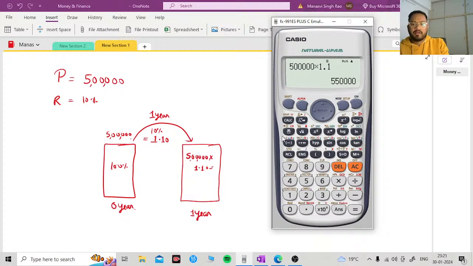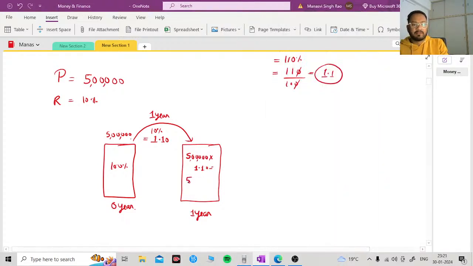So he needs to pay 5,50,000 after 1 year. So he needs to pay the bank 5,50,000, right? This is the basic concept.